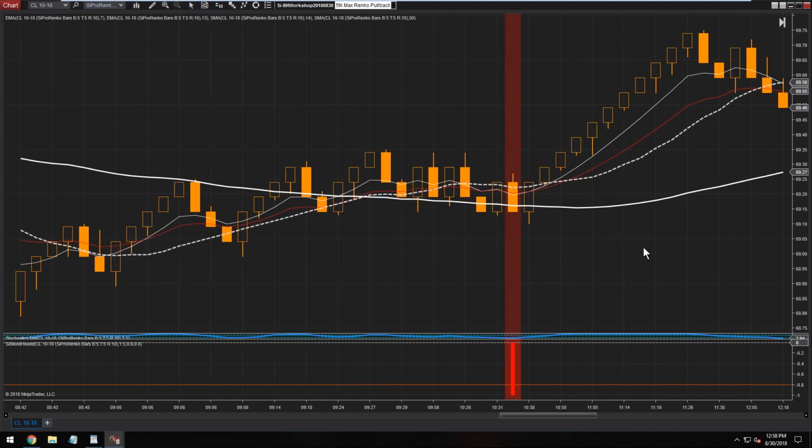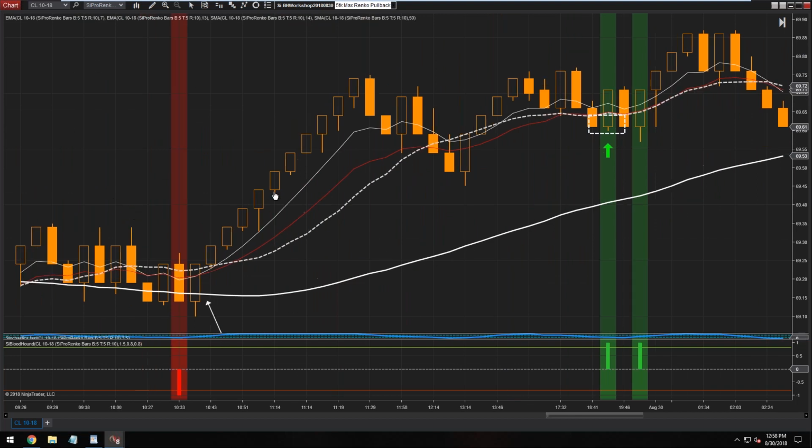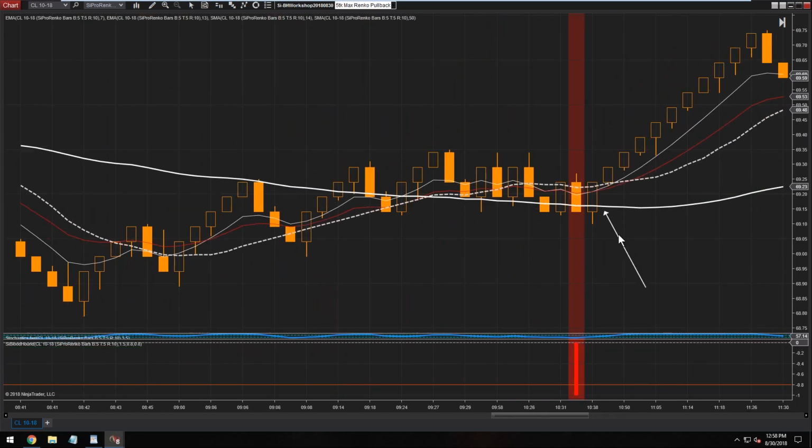Okay. Grab my little pointer. All right. Yeah. So the slower moving average, our trend direction, is down, and we're just looking for this. Let's see here. What do we get? Yeah.